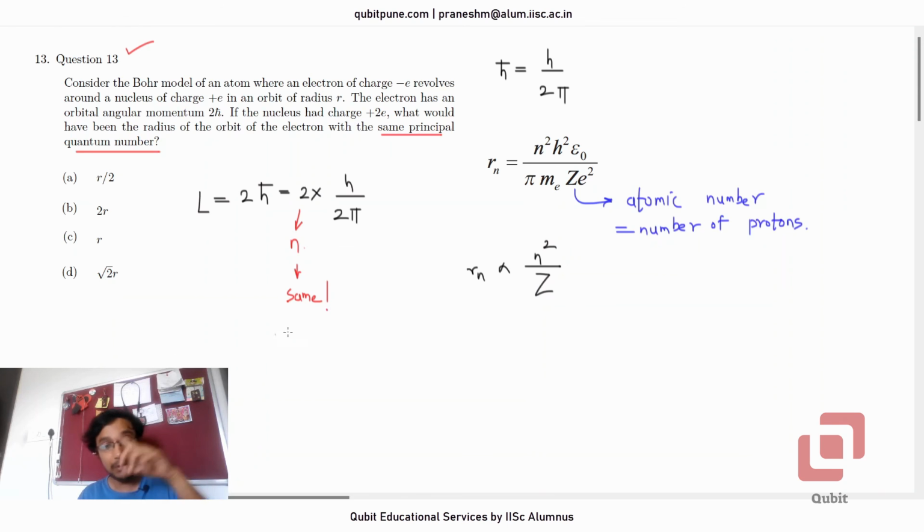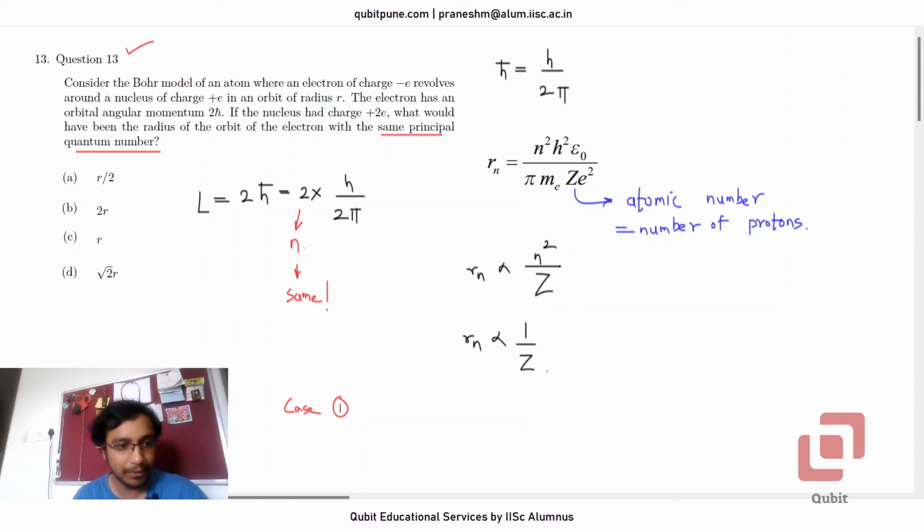So although Rn depends on n squared and Z, for us, Rn will only be varying inversely with Z. Now, for the first case, how many protons are there in the nucleus?